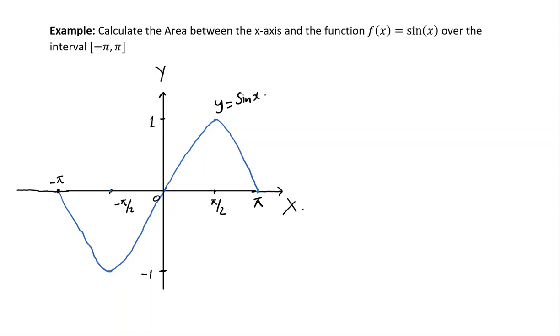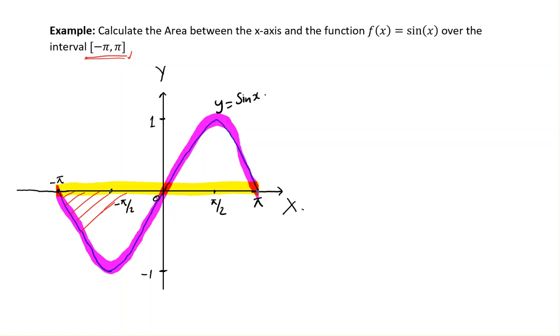And since we want the area in the interval negative pi to pi, I just decided to create the sine wave from negative pi to pi. And we are interested in the area between the x-axis and enclosed by this sine curve. So it means we are interested in finding this area and this area and adding them together.